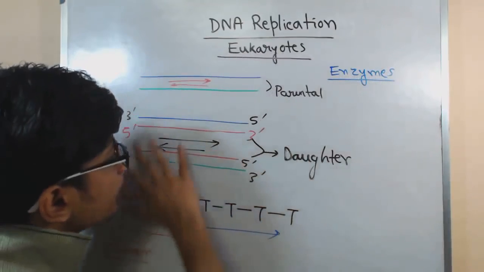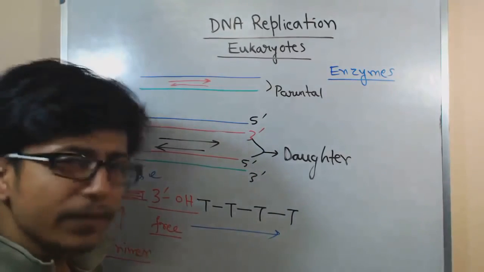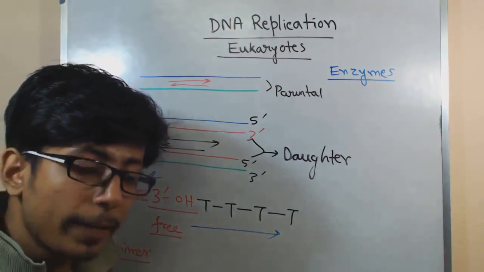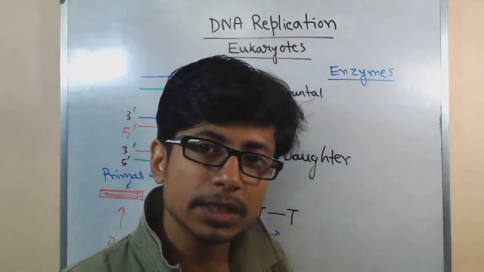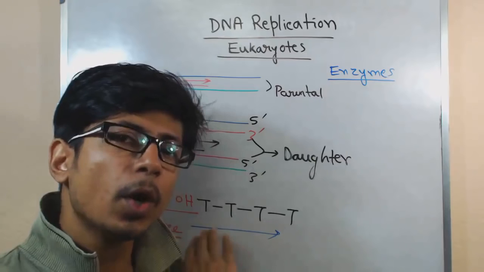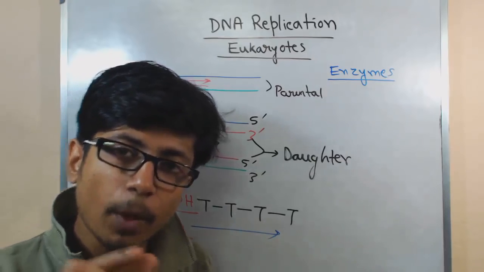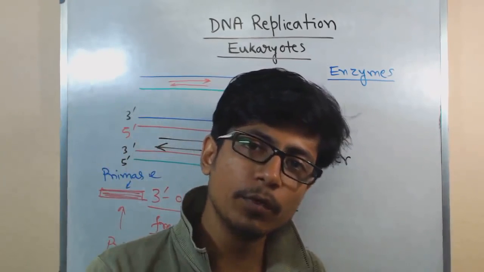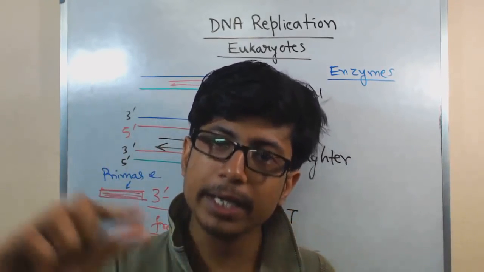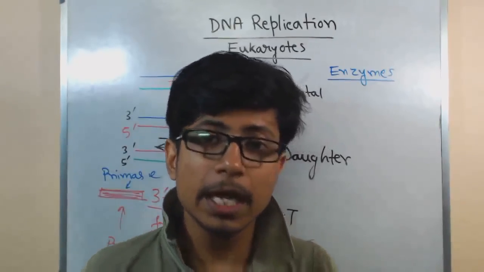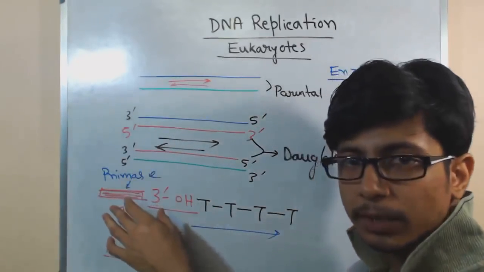So this is the basic enzyme that we require. The difference is mainly in the type of polymerase we deal with and the way polymerase interacts and produces the strand. In prokaryotes, we have polymerase 3 mainly doing all the polymerization, and polymerase 1 does the job of removing the RNA primer and filling it with deoxynucleotide sequence, because the primer is a ribonucleotide sequence.